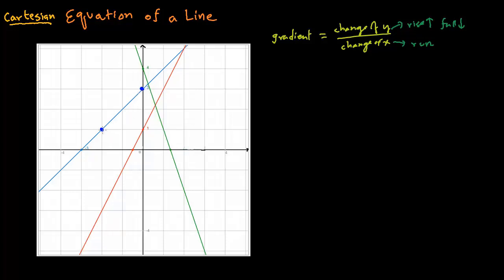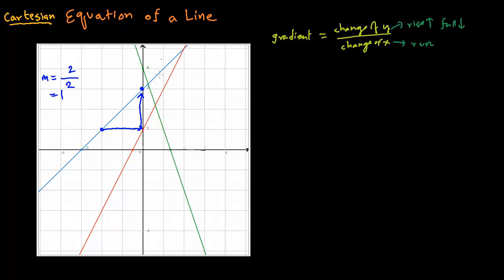We can see that it is running forward by 2 units. So this is the change in x. And it is rising by 2 units, 1, 2. So it is 2 by 2. So the gradient or slope, usually given by the letter m, for this line is 1, meaning it is changing 1 unit of the y-axis compared to 1 unit on the x-axis.